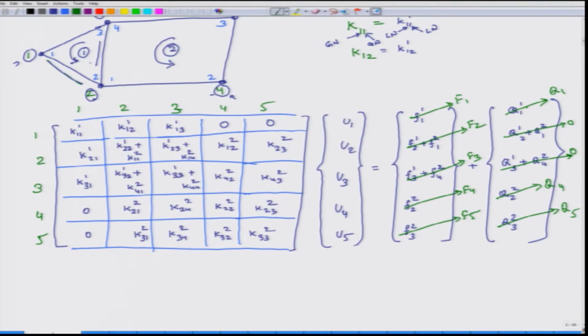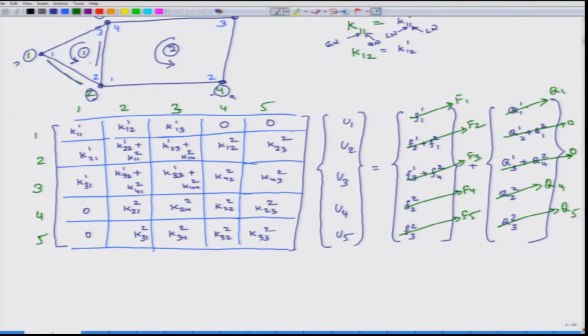So if I have just 2 elements, the total number of unknowns is U1, U2, U3, U4, U5, and then what? Q1, Q4 and Q5, 8 unknowns are there. So I have to know conditions on the boundary.